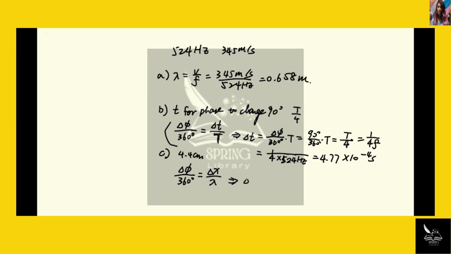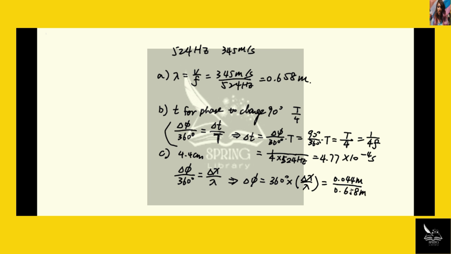So now we have phi equals 360 degrees with this ratio. And delta X, 4.4 centimeters, is 0.044 meter. Lambda, as we calculated previously, is 0.658 meter.